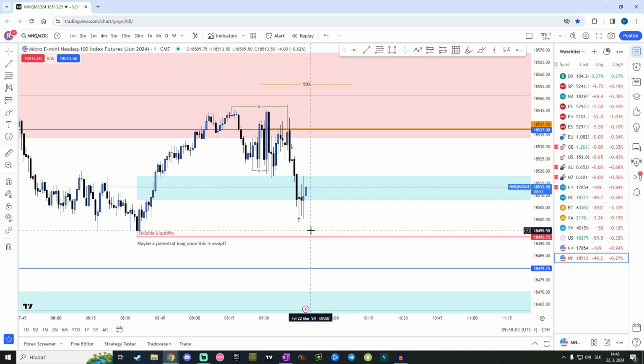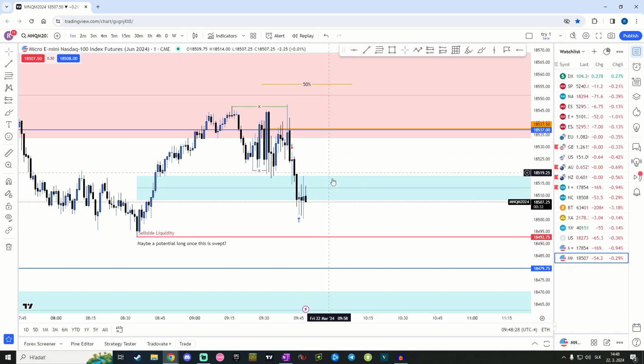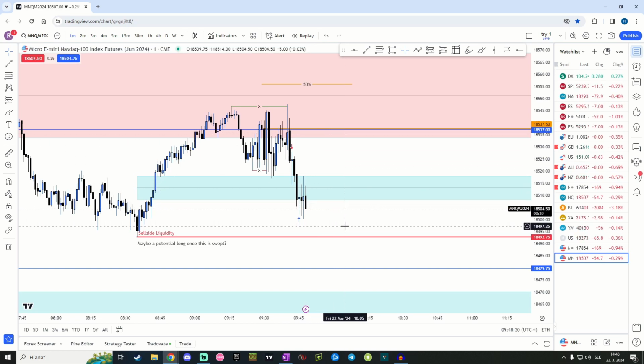ES is actually really close to the sell side liquidity as well, but I would not be that happy seeing the market just retrace all the time and just go back and back. And then seeing these candles, how they close at the bottom of the fair value gap, it still doesn't that much invalidate it. And maybe we will see the market going to the upside from this point. I'm not sure.